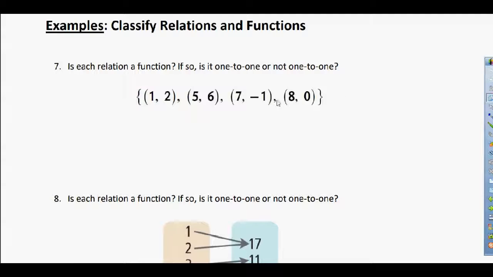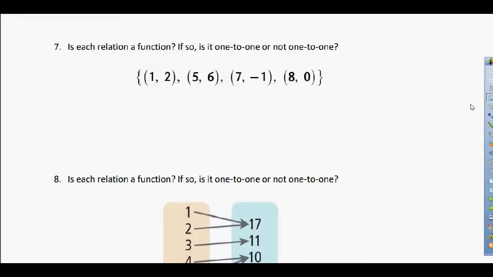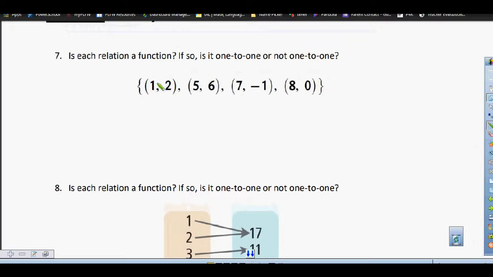Okay, so let's classify whether or not these are one-to-one functions or not. So again, we're looking for exactly one output for every given input. Okay, so we don't want any doubling up. So we look at the x values. So I have a 1, a 5, a 7, and an 8. And then I'm comparing these.